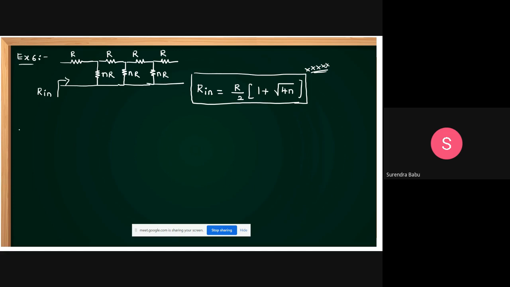Yes, friends, one more example, example 7. These models, whatever I am giving, are all previous questions. These network questions are repeated in different competitive exams. Based on the same network, they are framed in different models.